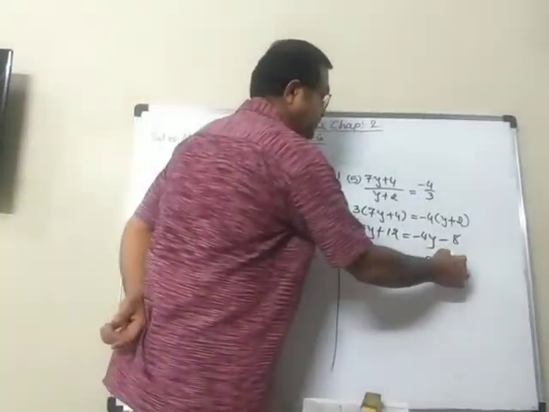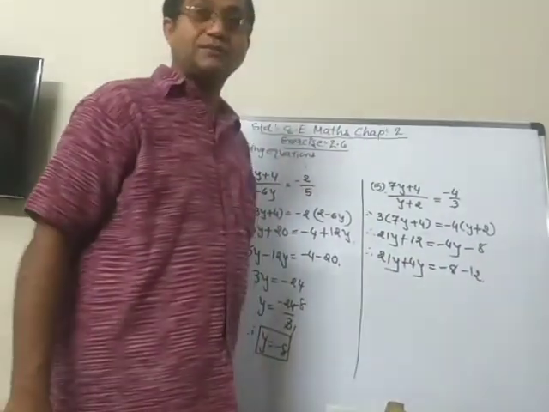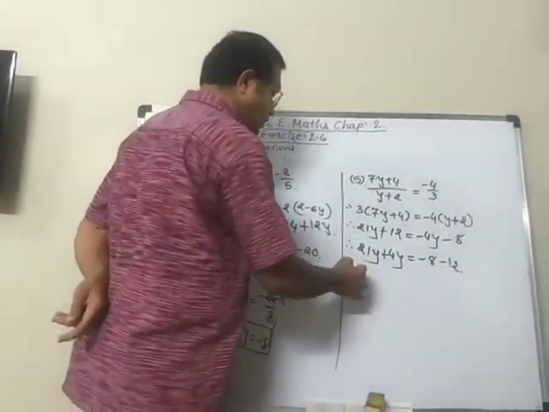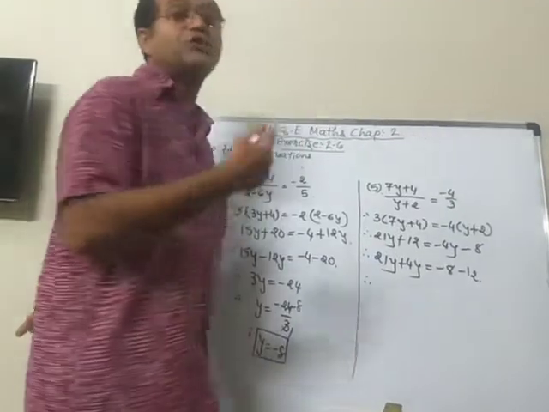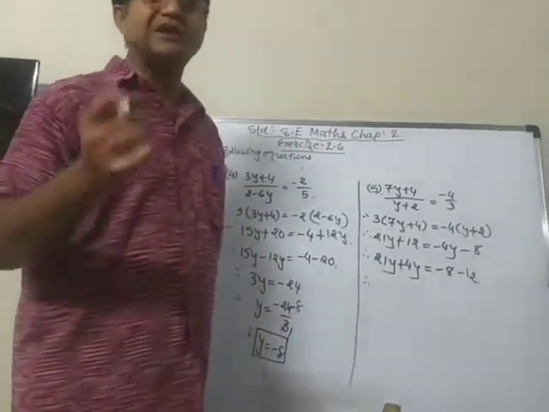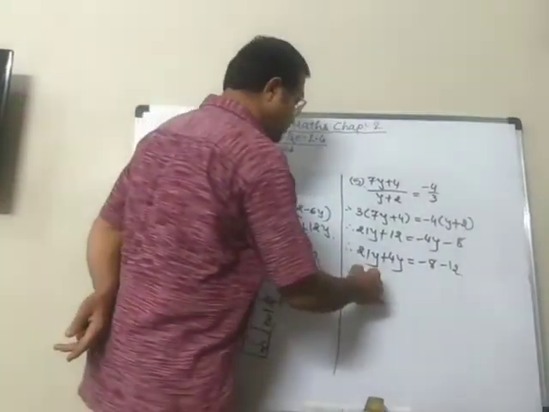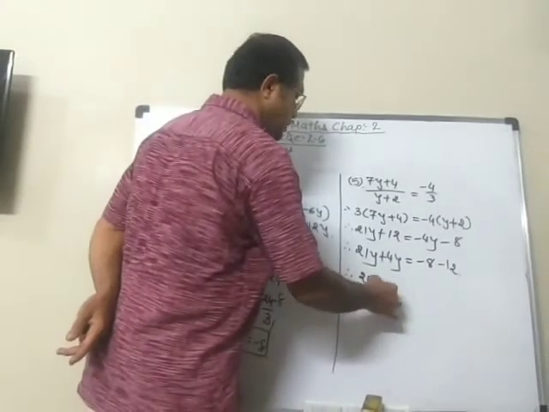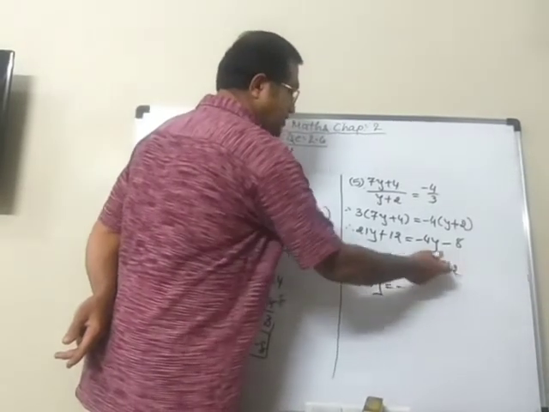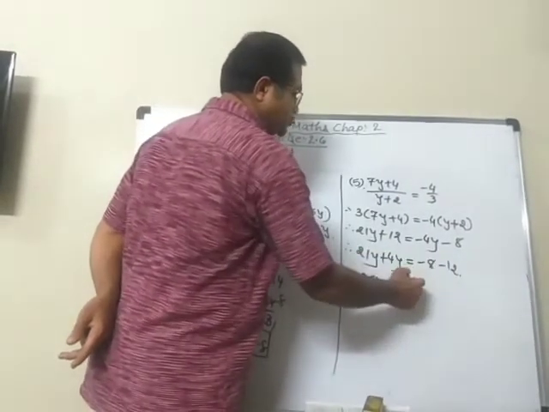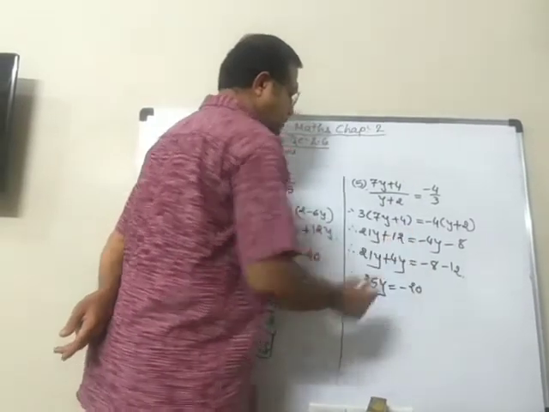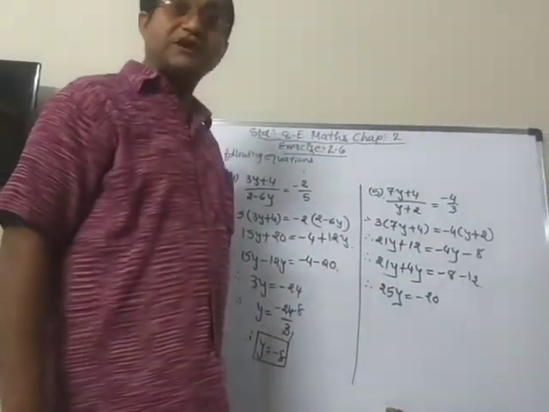So minus 8 minus 12, right? And therefore now 21y plus 4y is how much? 25y. Therefore 25y is equal to, again same, 12 plus 8 is 20, greater number's sign is minus, so minus 20.